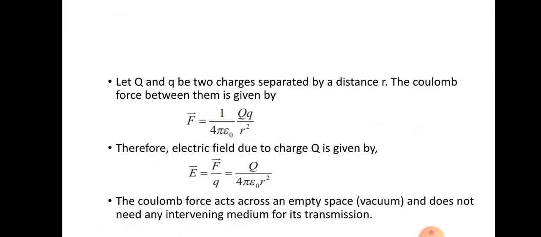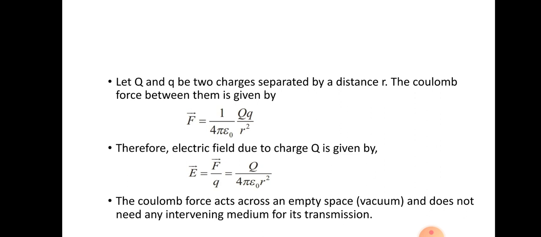So let us consider that capital Q, which we have considered as the point charge, and small q, which is the test charge here, be the two charges which are separated by a distance r.